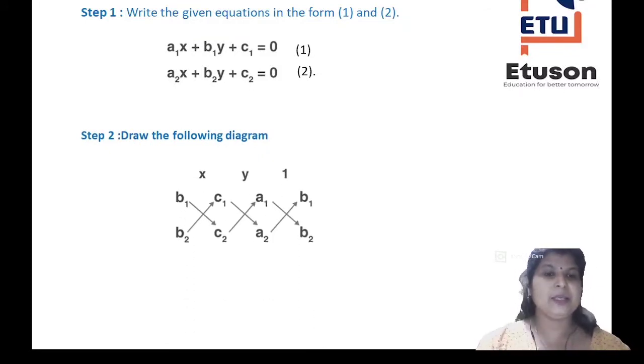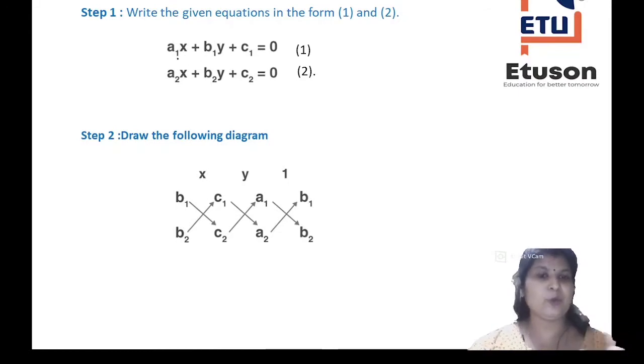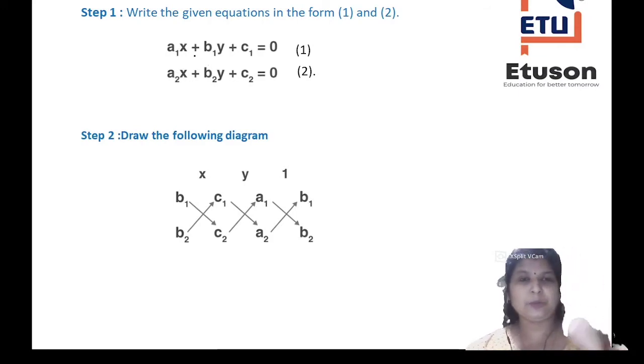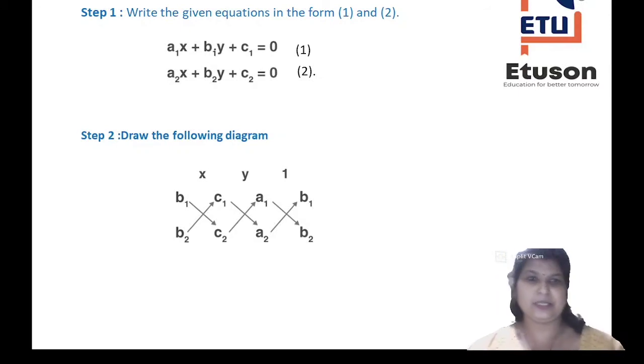Below x, you write the coefficients except x, so a1 and a2. After x you write the y coefficient and then the constant, that means b1 and c1. Below y, except y, you write the constant and the coefficient of x, so it is c1 and a1.